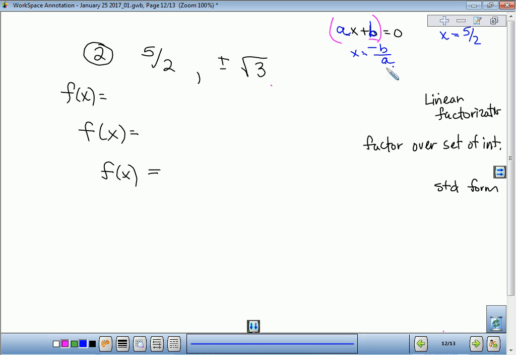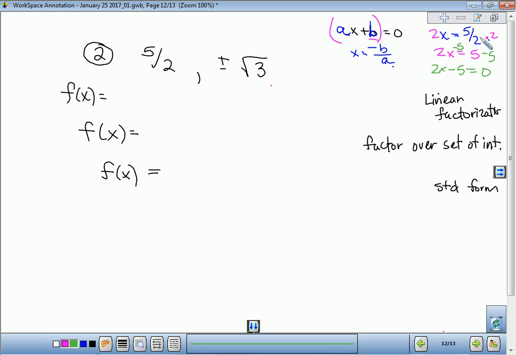There's another method. So my first 0 is 5/2. So to find its factor, I just undo it. So to undo it, I would multiply by 2 and get 2x equals 5. And then subtract 5. And I would get 2x minus 5 equals 0.